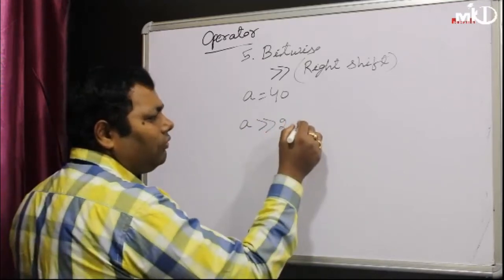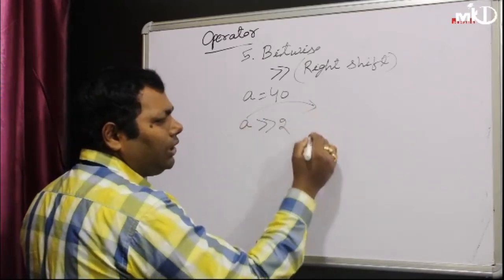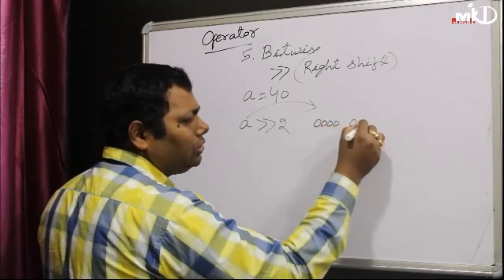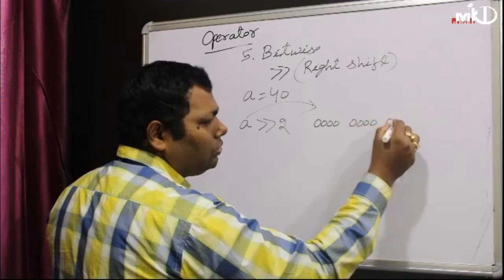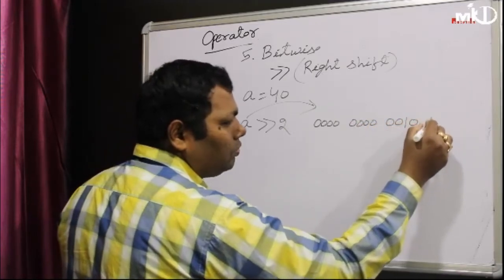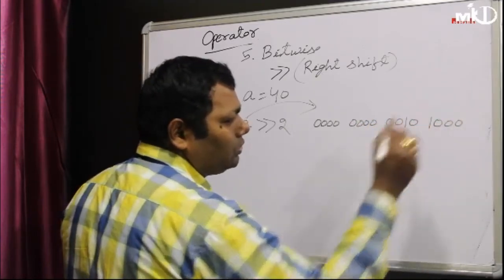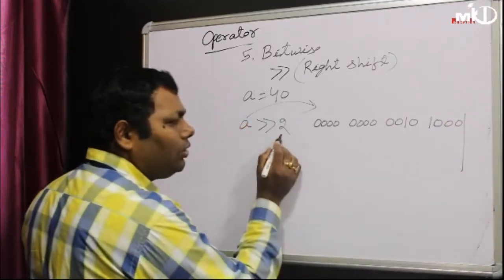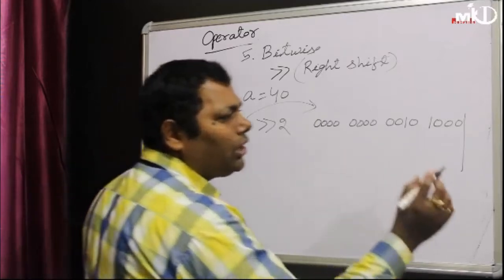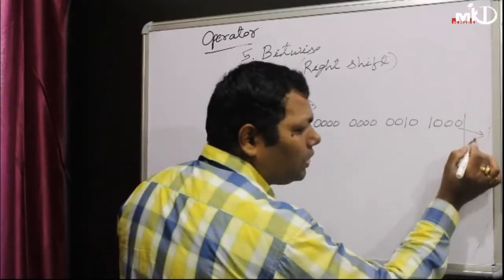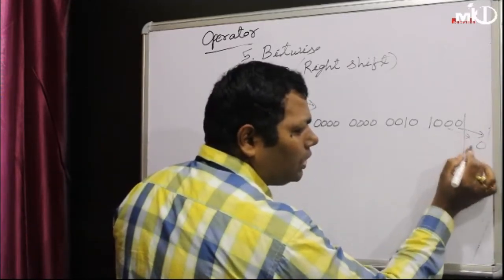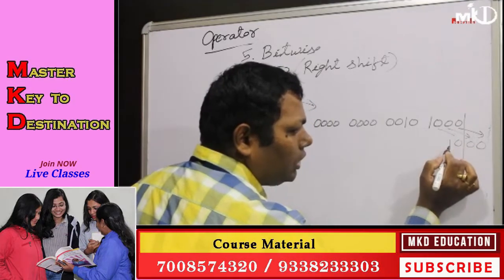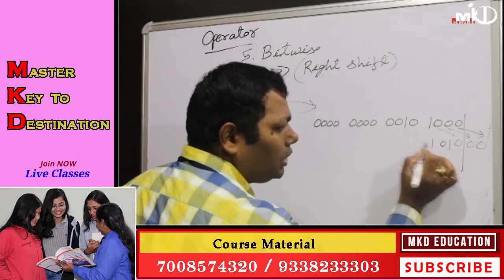So here first convert A to binary, 0 0 0 0 0 0 0 0 0 0 1 0 1 0 0 0. Okay. Now shift how many bits? 2 bits to the right side. So this is shifted here, this is shifted here, this one here, this one here. So like this it is shifted.